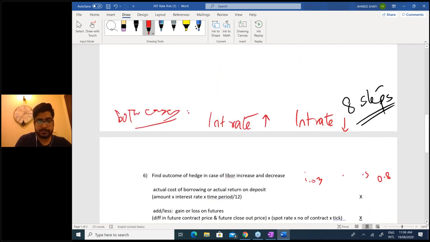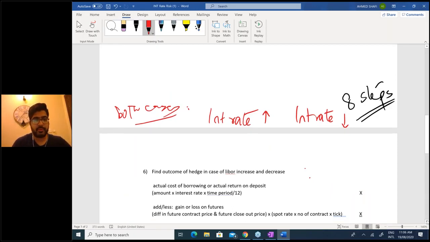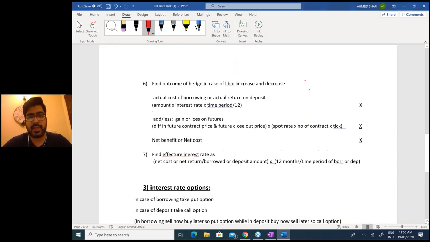Step 6. Find outcome of hedge in case of LIBOR increase or decrease. Again, firstly, you need to write the actual cost of borrowing or actual return on deposit. It's easy. The actual cost of borrowing if it's a borrowing case, or actual return on deposit if it's a deposit case: amount into interest rate into time period over 12.